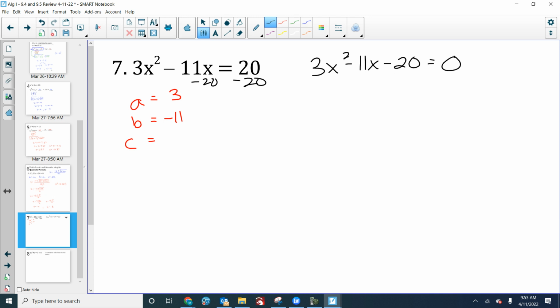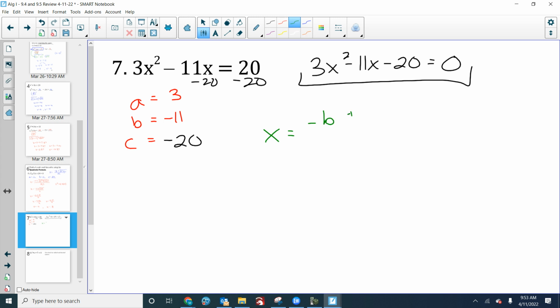No. Quadratic formula? Yes. So this is the equation I want to use, for my A, for my B, and C is negative 20. X equals, again, here's a great word of advice if you struggle with memorizing the quadratic formula: every time you do a problem, write out the formula first.